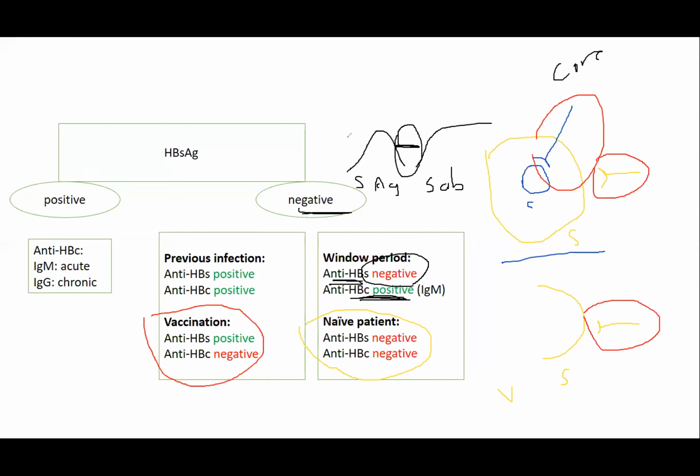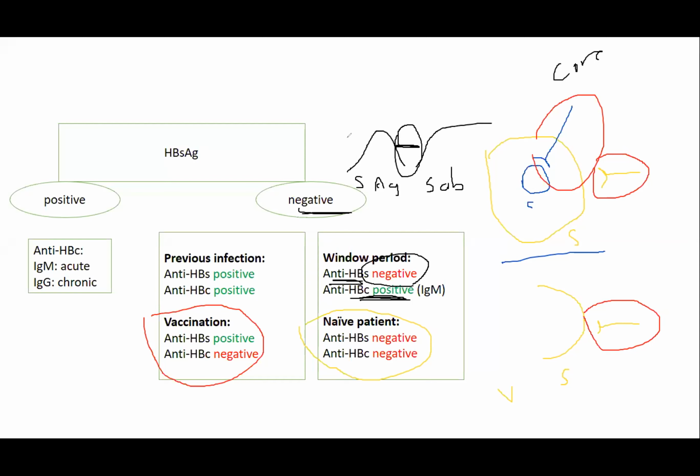You can ask. In the meanwhile, chronic infection will have which antibody? Let them just unmute and ask, because this is very confusing. Whoever wants to ask, just raise your hand. We'll take your question.